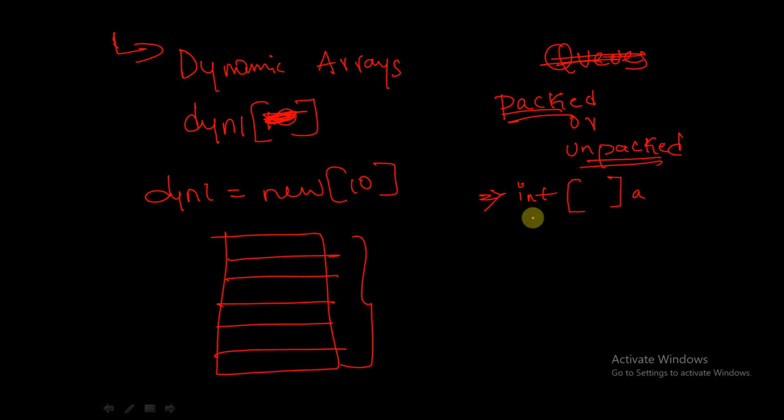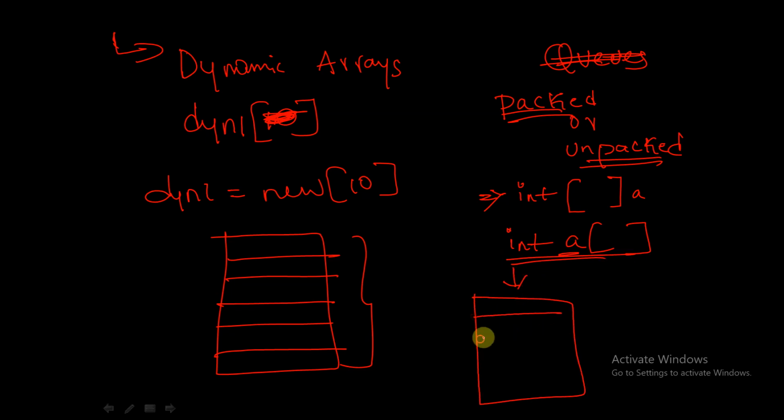Whereas in case of unpacked arrays, it is data type followed by array name followed by the size. So in unpacked arrays, if I have declared 10 locations, it will look like this. In both cases I can declare the arrays like this and memory will be created like this, right?